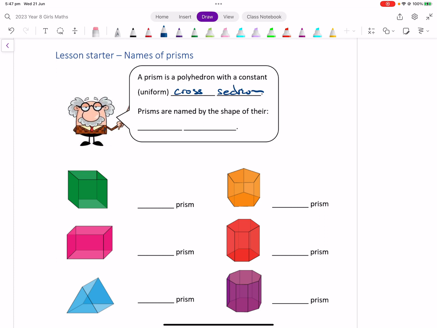A cross-section is, for example, this guy here. If we look from the top, imagine we're looking from the top, what shape do we see? I hope you see that we see a pentagon, right? It's a five-sided figure, and a five-sided figure is called a pentagon.